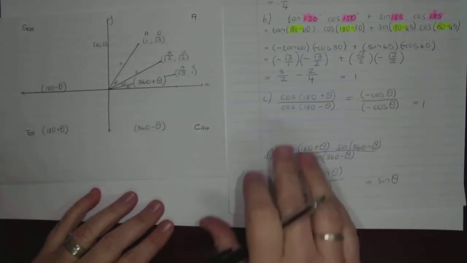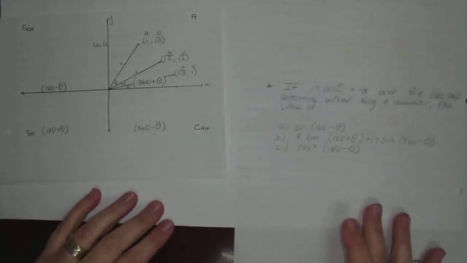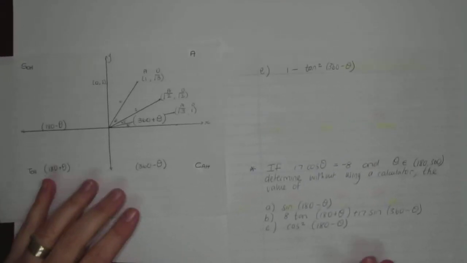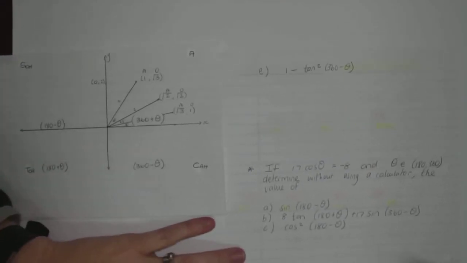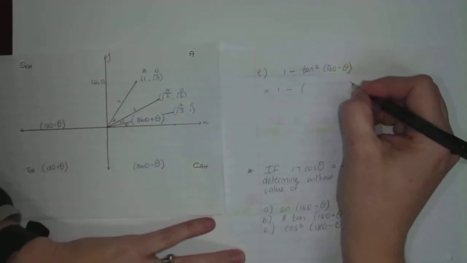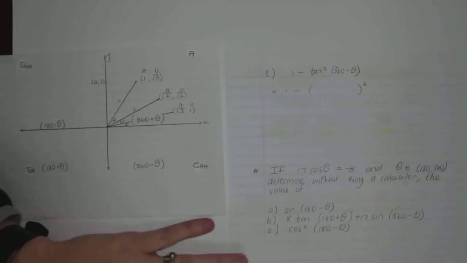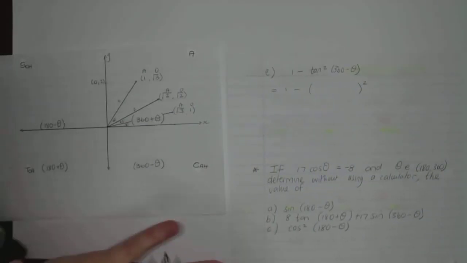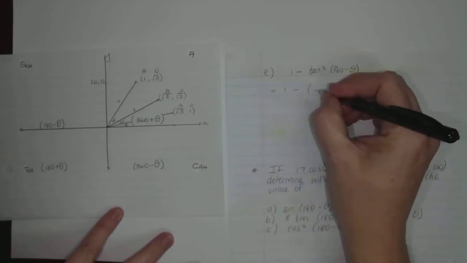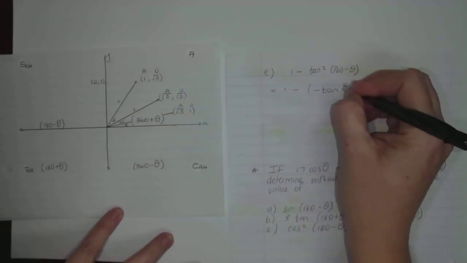Right, happiness. Okay, so what if I move on to something like this? 1 minus tan squared of 360 minus theta. First of all, I know that the square is going to move out. 360 minus, only cos is positive, so tan will be negative.